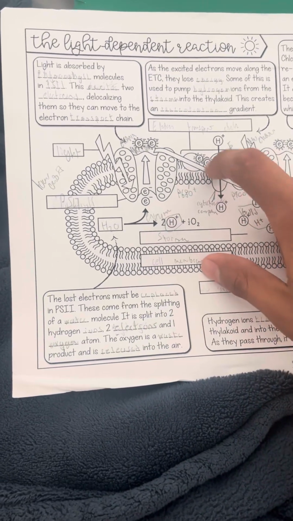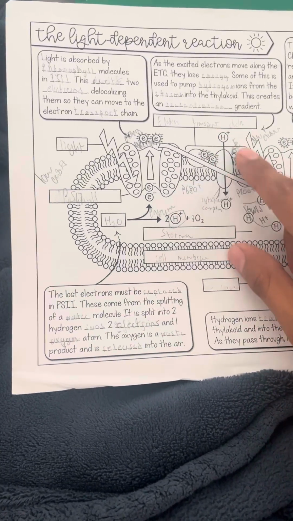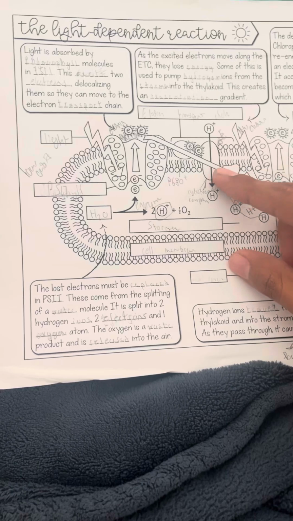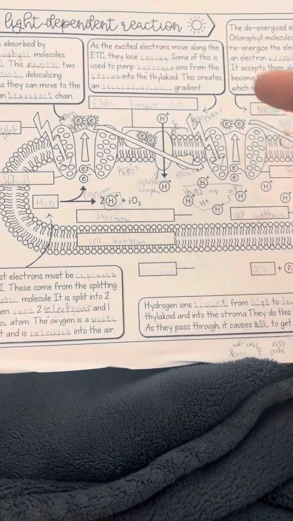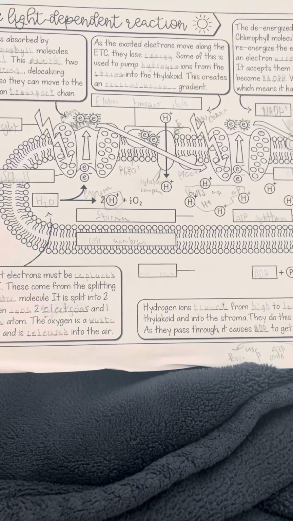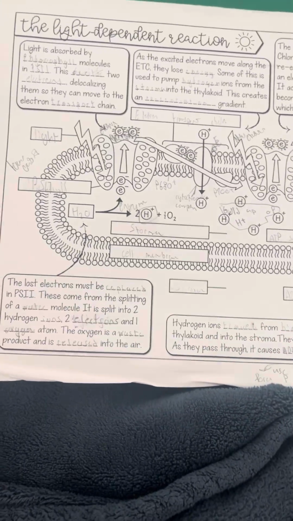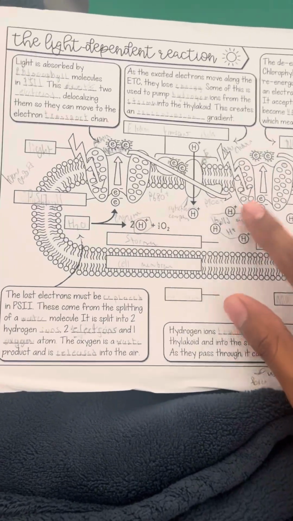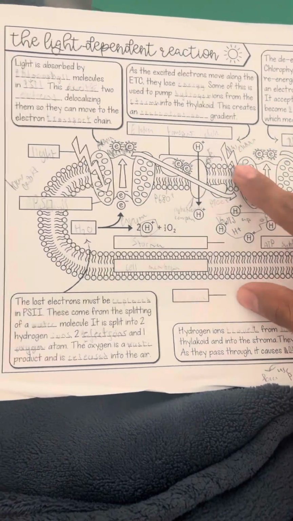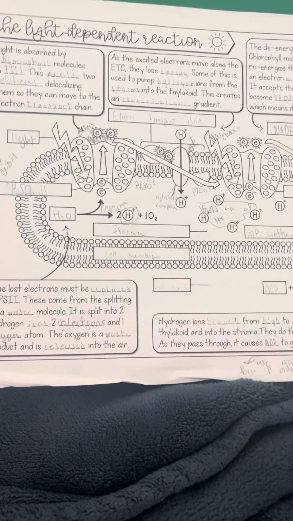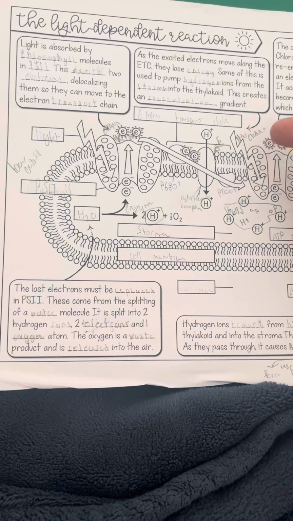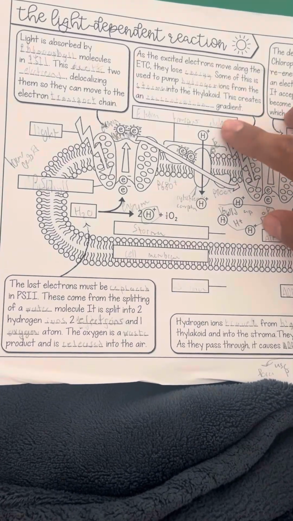So now our excited electrons start falling from this piece. Energy is being used right over here, and it goes over here to the PS1, the photosystem 1 complex. What you think would happen is that it would be used up here with the light. However, PS1 actually, well, since this all happens simultaneously, has already used its own 2 electrons.